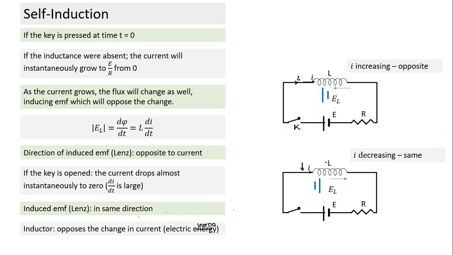If I divide flux by current, the flux per unit current is equal to L. If I know the value of L for a particular coil, I can calculate the EMF from the rate of change of current. The instantaneous EMF is equal to L times di by dt. Polarity is given by Lenz's law. How would the orientation of the battery be? It will depend on whether I is tending to increase or decrease. Increasing, opposite direction; decreasing, same direction.